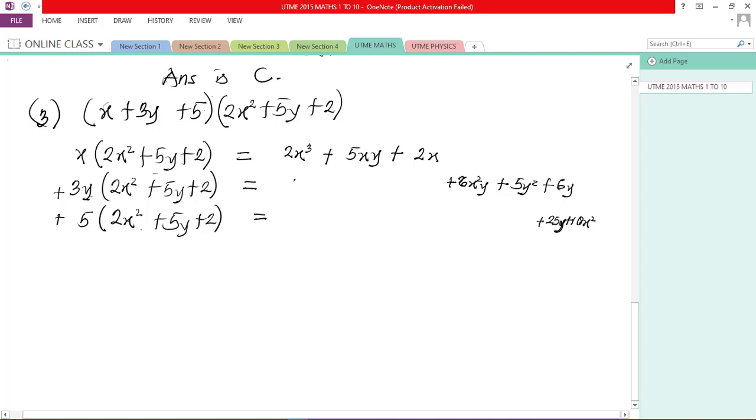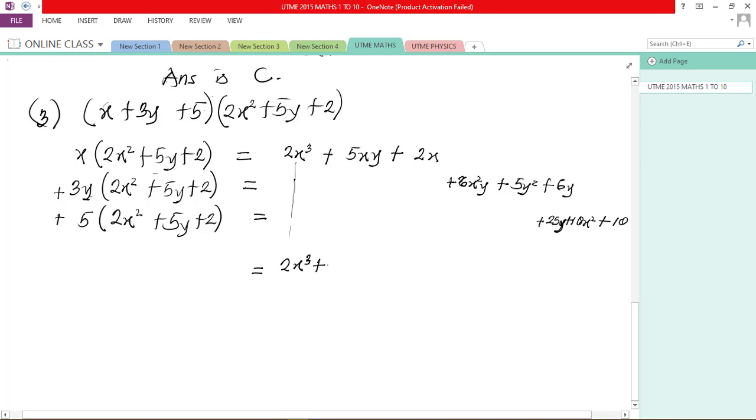Then we have 5 times 2. So it can easily give me what? It will give me 10. So when I add the whole thing together, I'll be having this down here. 2x cubed. Let me take this guy that has x squared, because that is the way they will want to arrange it.